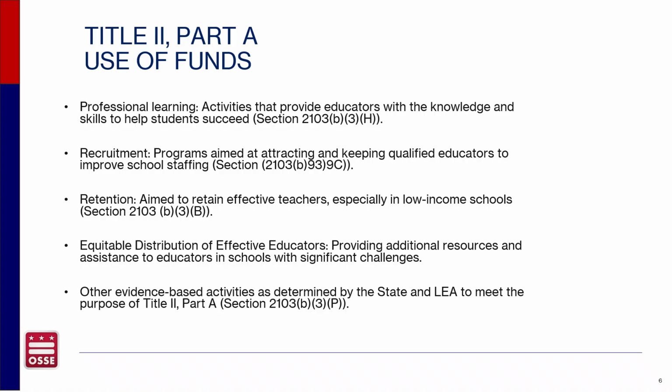Title II Part A funds can be used for the following activities: professional learning, activities that provide educators with the knowledge and skills to help students succeed; recruitment, programs aimed at attracting and keeping qualified educators to improve school staffing; retention, aimed to retain effective teachers, especially in low-income schools; equitable distribution of effective educators, providing additional resources and assistance to educators in schools with significant challenges.